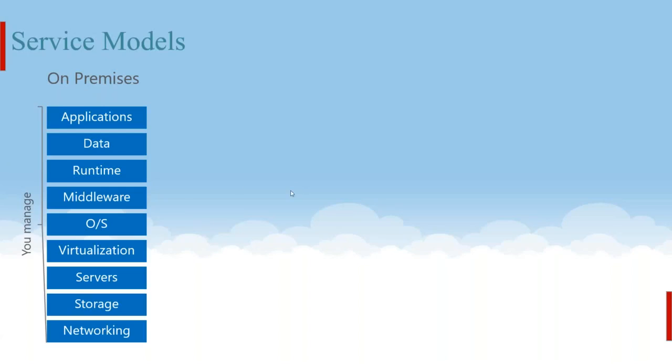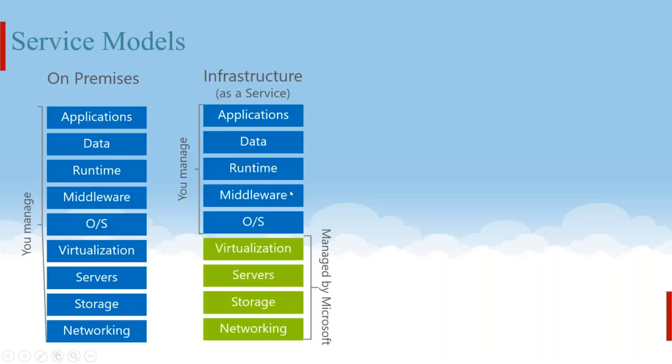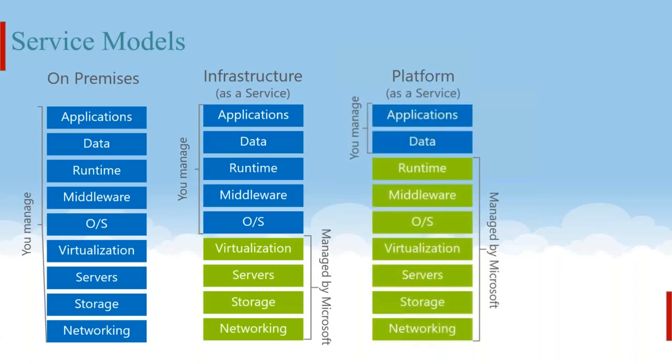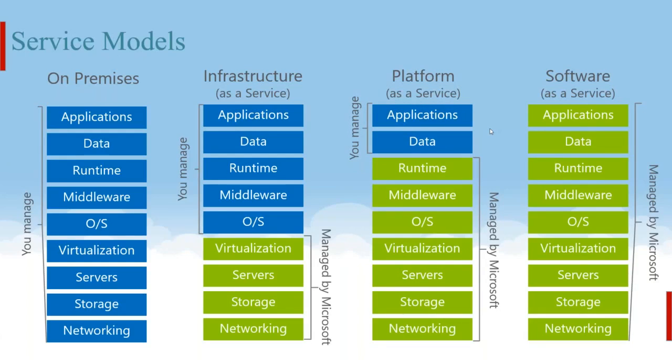Next, when you go to the cloud, it is divided into three major categories: IaaS, infrastructure as a service, PaaS, platform as a service, and SaaS, software as a service.